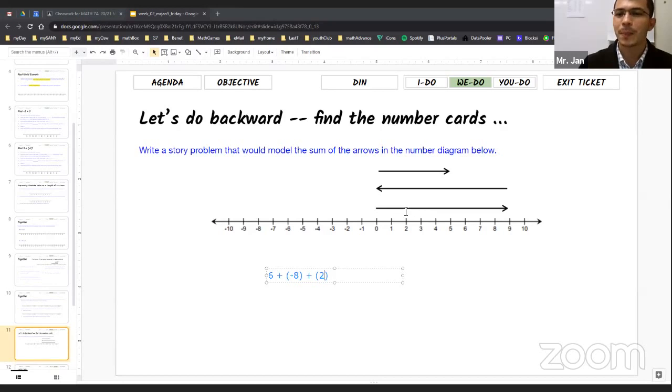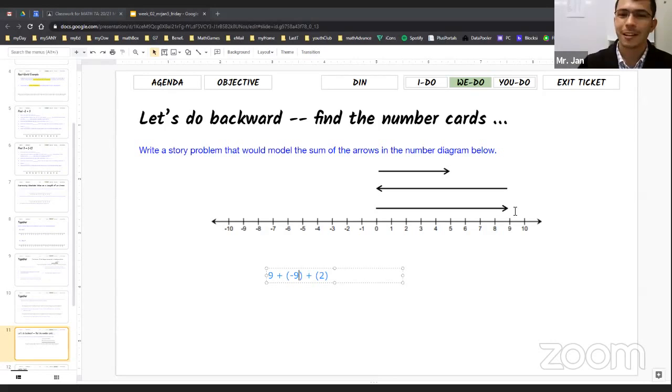Okay, so that means what number do you need to write down for the first one? Yes, Jonathan? 9. So the first number has to be 9. So what is your second number? Yes, Jonathan? -9. Okay. Because the reason why you said -9 is you started at the end of the first arrow, right? Last one?